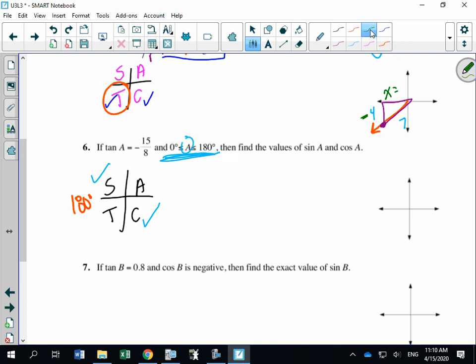So less than 180 would be that. And greater than 0 would be, if this is 0, they want my solution to be in here. But according to this first one, I know that I'm either in quadrant 2 or quadrant 4. If I restrict my domain, my answer is going to be in quadrant 2.